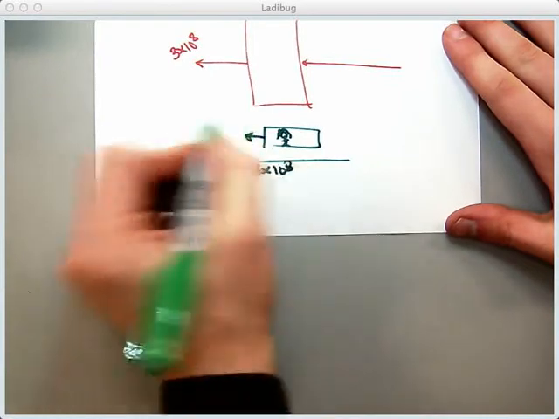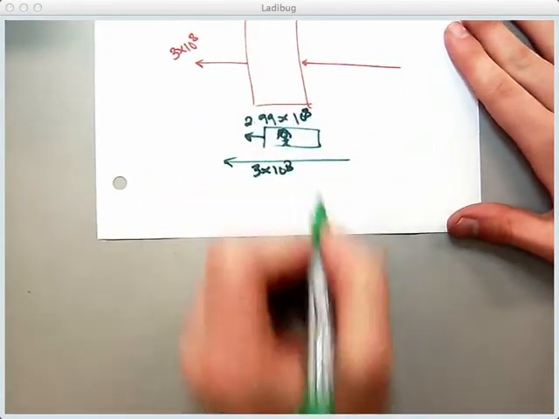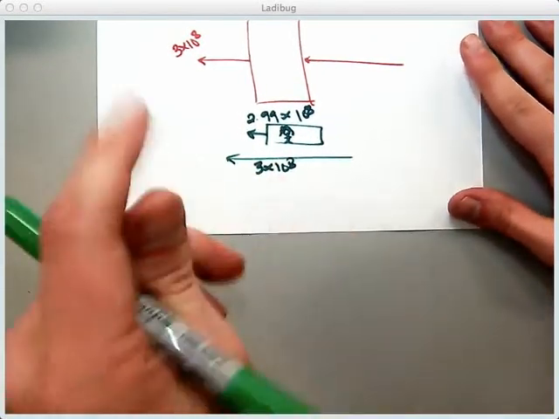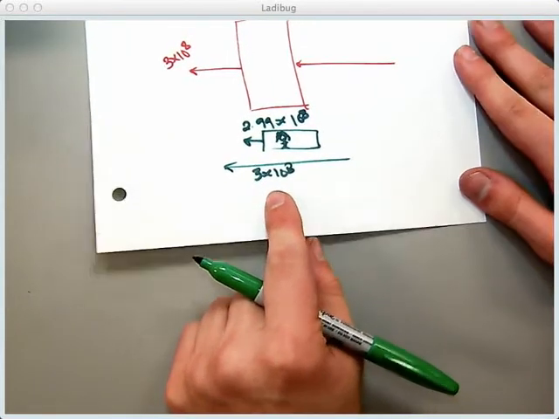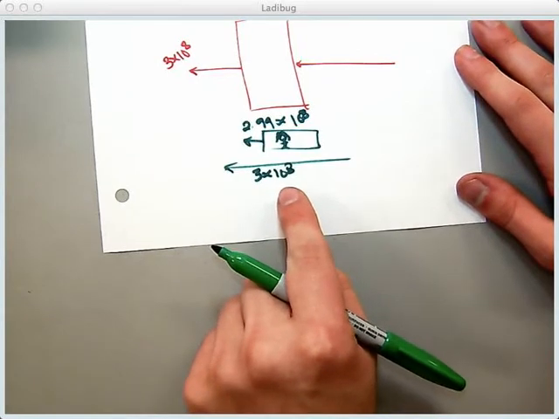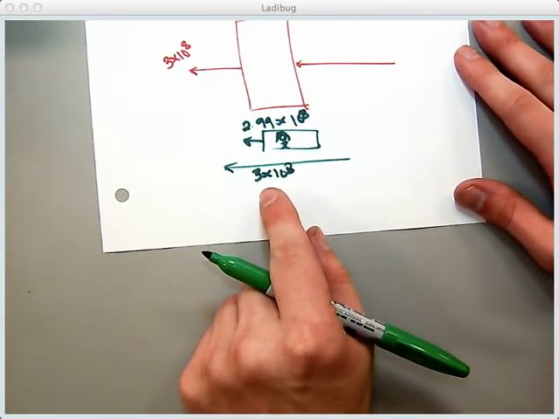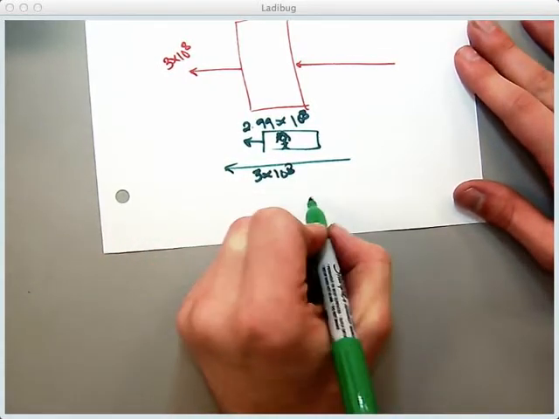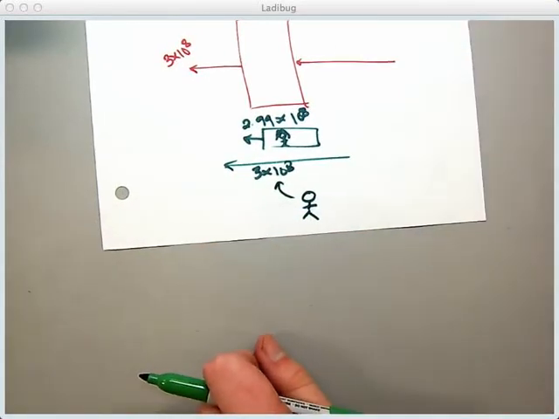If she's going at 2.99 times 10 to the 8th, so right up near the speed of light, when she measures the speed of light, she's still going to measure 3 times 10 to the 8th. If it were relative, she would measure 0.01 times 10 to the 8th. That's not what she measures. She still measures 3 times 10 to the 8th. And if there's somebody down here, hombre, then he's going to measure 3 times 10 to the 8th as well.